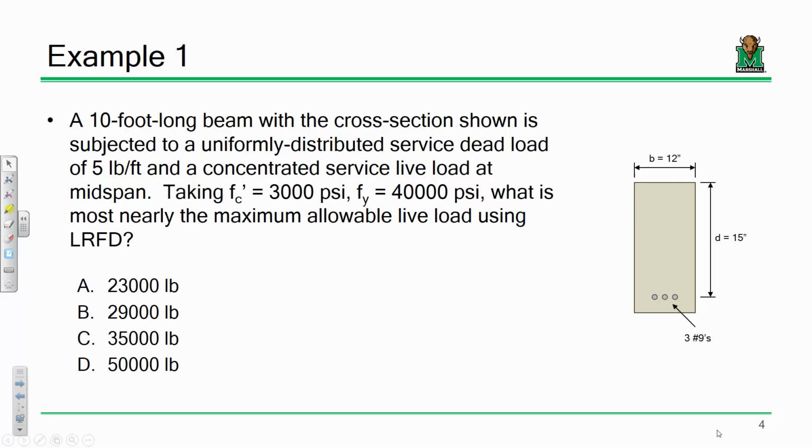And I would also say that while it's not listed in the manual, I would maybe try and memorize some very, very basic structural analysis shortcuts. For instance, if I have a simply supported beam with a uniformly distributed load, what is the maximum moment? WL squared over 8. And so those types of things I would try and memorize.